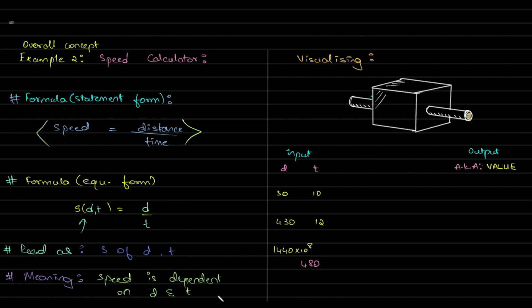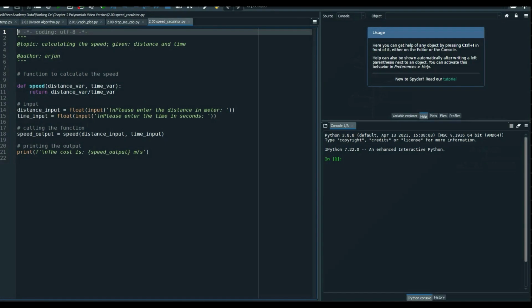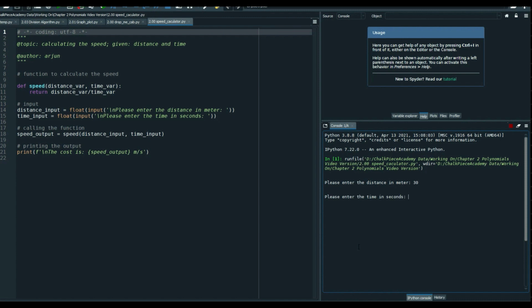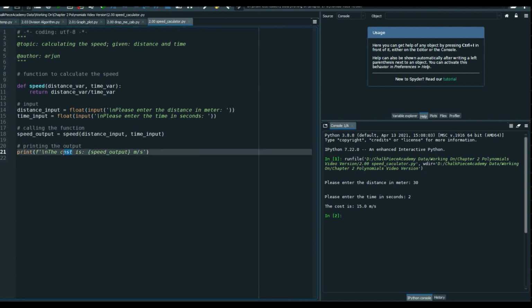And well, we are trying to understand it a bit more. So let's code it. Obviously I've coded it before itself. Now let's execute it, calculating the speed given the distance and time. Please enter the distance in meters. We have, say, 30 meters being covered in 2 seconds.